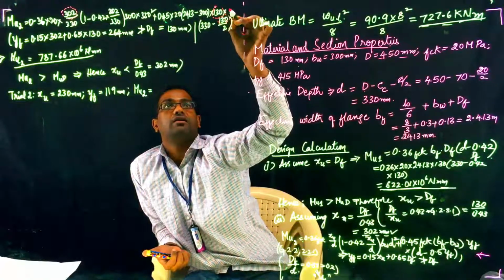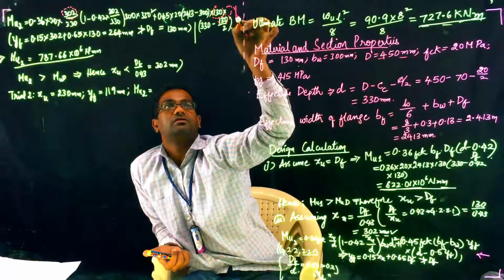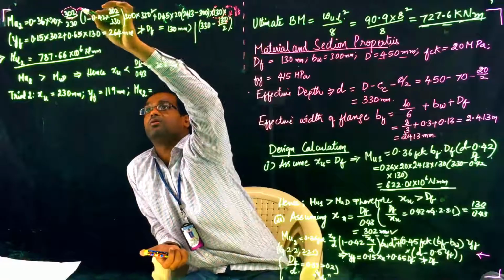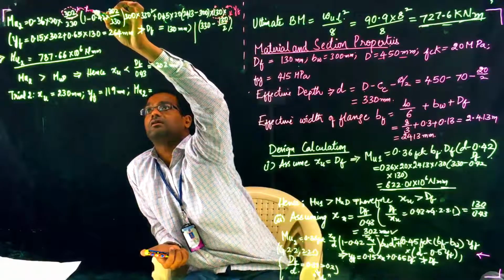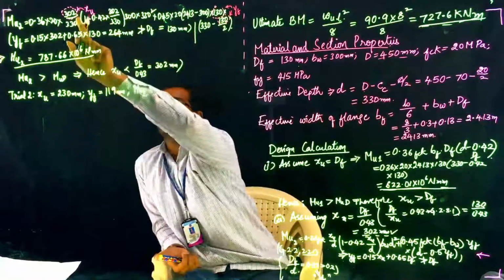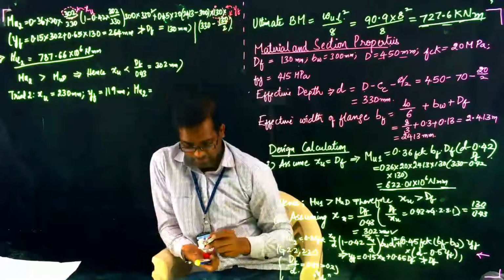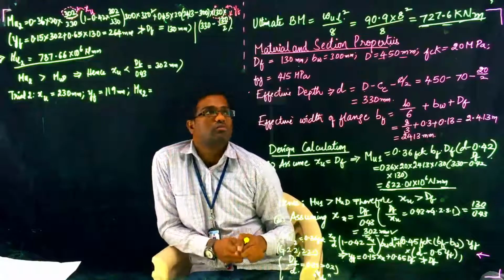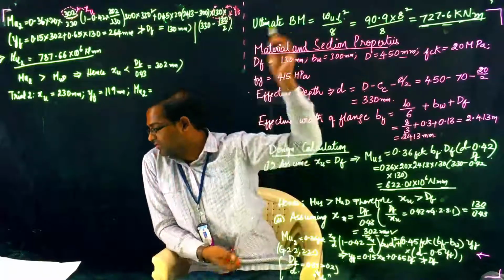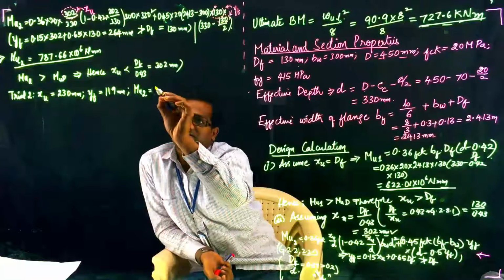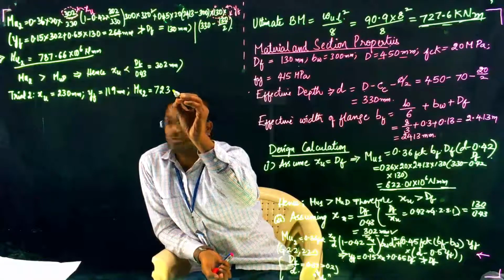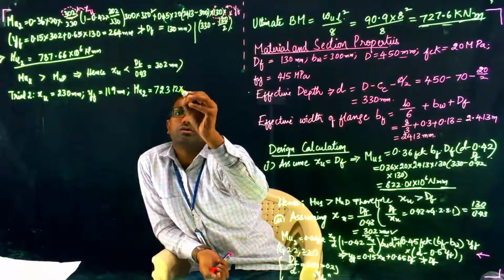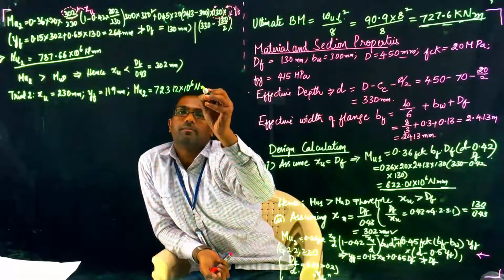These values are YF, this is YF, and this value is XU. So if you substitute XU here and YF values here, then your moment more or less matches the given value as 723.12 into 10 power 6 Newton mm.